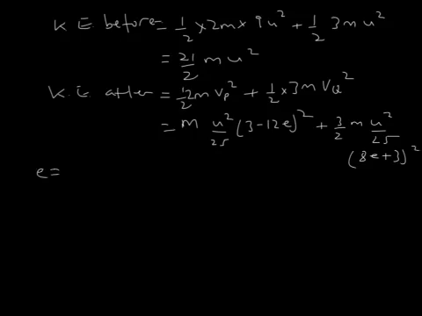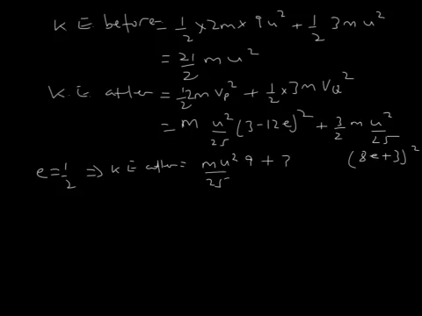But we know that e is a half, so therefore the kinetic energy after is mu squared over 25, and then we need to put in a half into here. 12 times a half is 6, 3 minus 6 is minus 3 squared is 9.